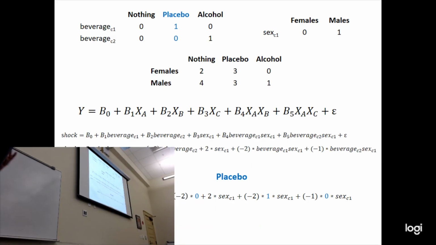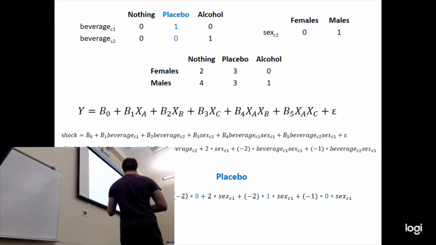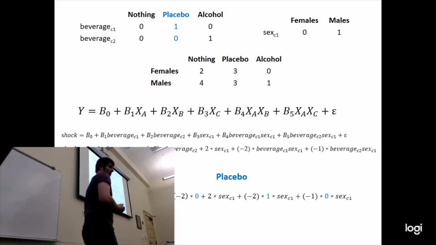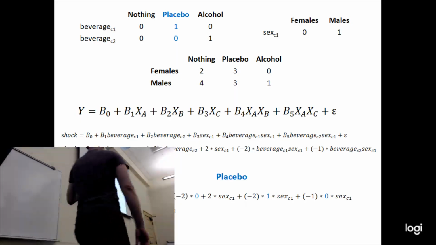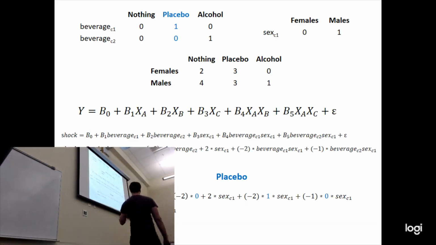Right, so you go through a similar process if you want to know what's happening in the placebo condition. If you do the algebra, you'll find that the coefficient for sex is 0 in this case. Makes sense if you look at the placebo condition, the mean is 3 in each case.